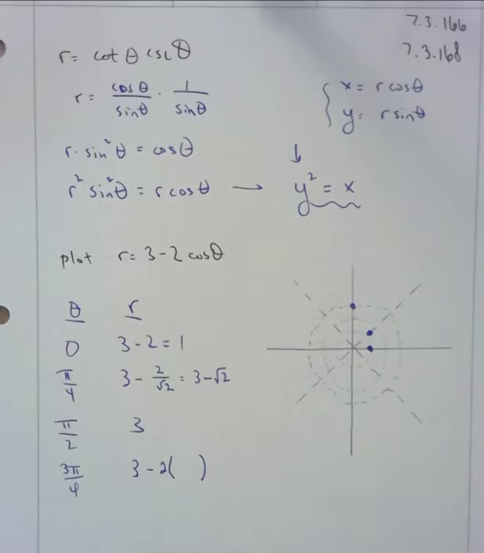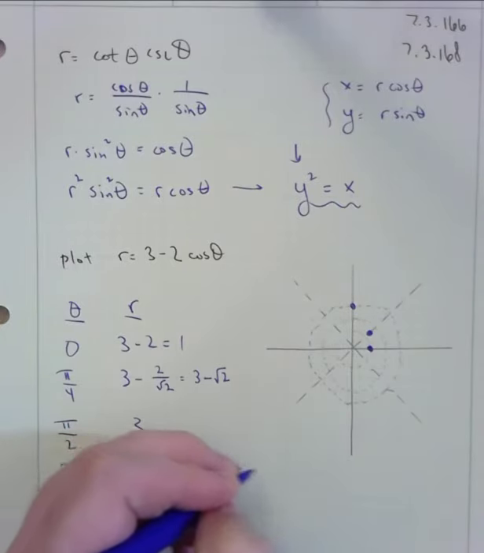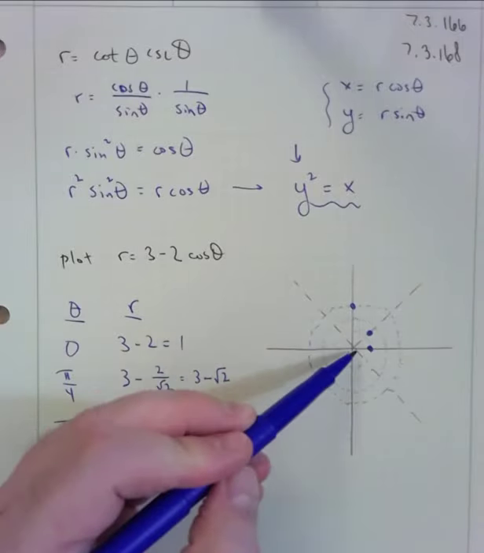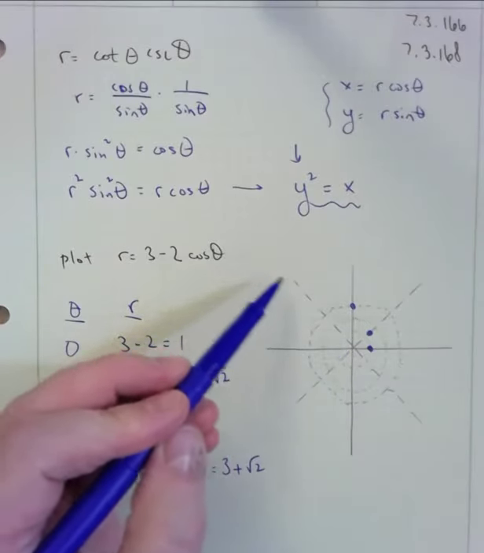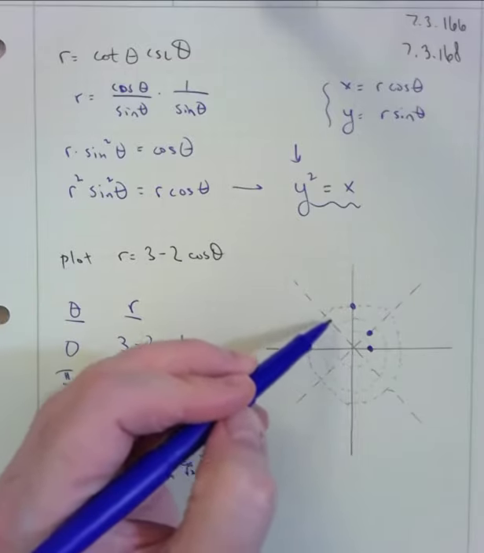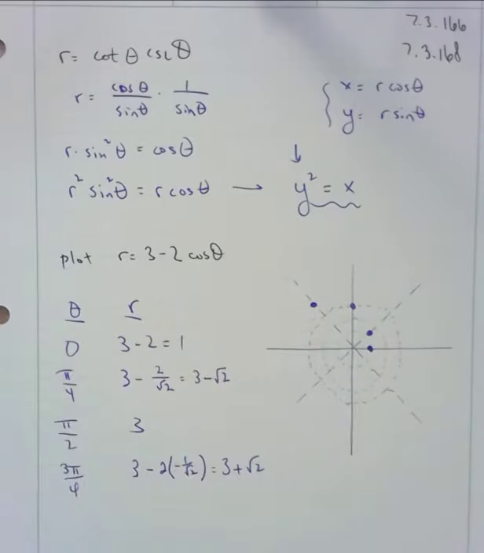Now the cosine of 3 pi over 4 is negative 1 over the square root of 2. So with a bunch of simplification here, that's 3 plus square root of 2. So now we're at about 4.4-ish. So when we're back here on the ray corresponding to theta equals 3 pi over 4, we're going to go out a bit more than 4. 1, 2, 3, yeah, so we're about there.